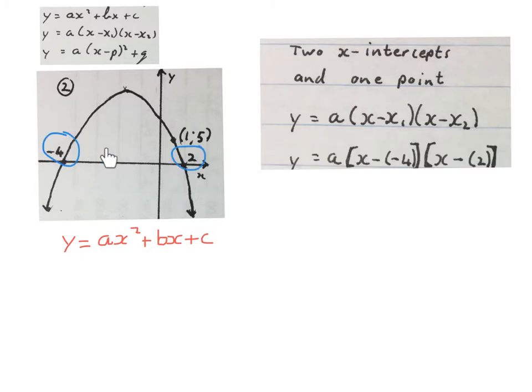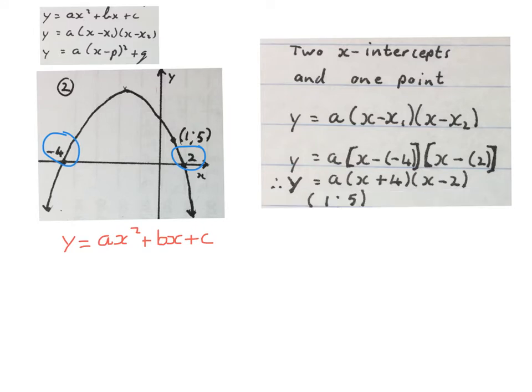We will take the two x values of the x-intercepts and plug them in the place of that x1 and that x2. In brackets, we substitute and simplify them into those brackets. And then we look for another coordinate, which they gave me, the 1 and 5. I will now substitute the 1 everywhere I see an x and the 5 in the place of the y.